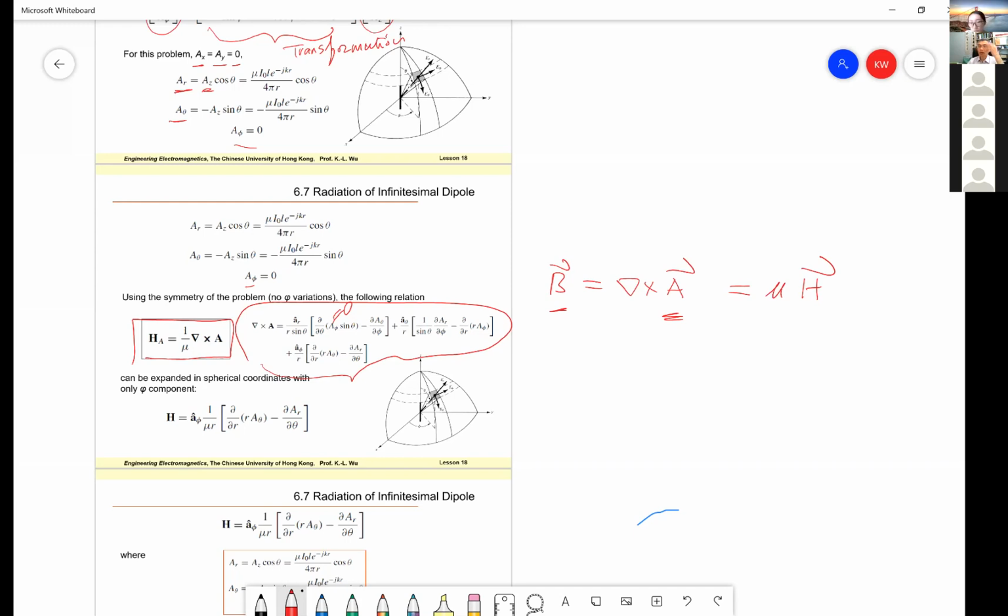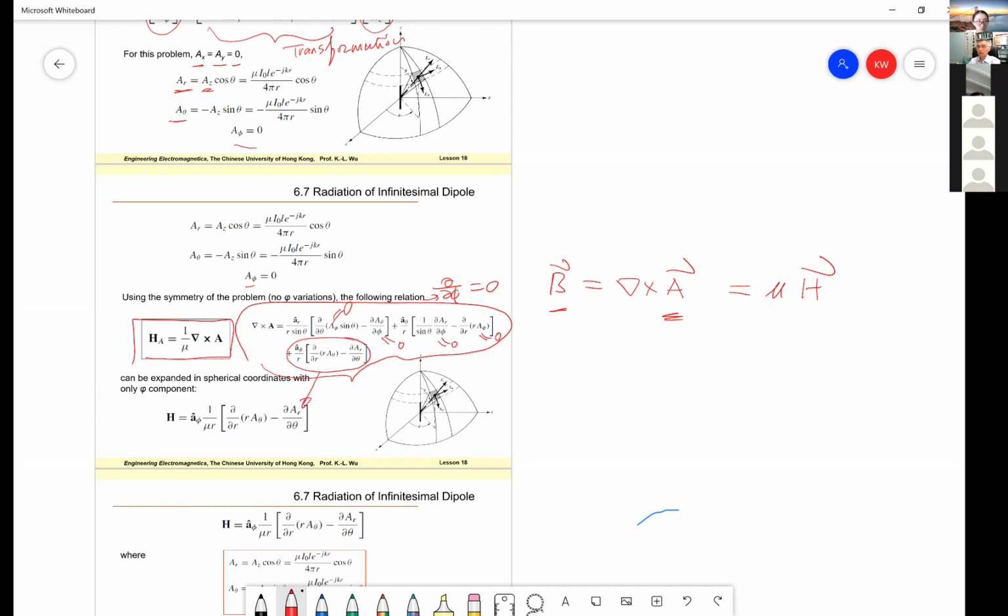And also because of the symmetry, this current is along the z-axis, so it does not differ at a different phi. That means partial phi equals 0, okay? So this equals 0, this equals 0, right? The only component left is this.